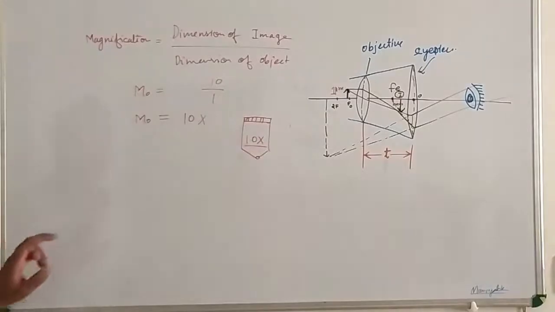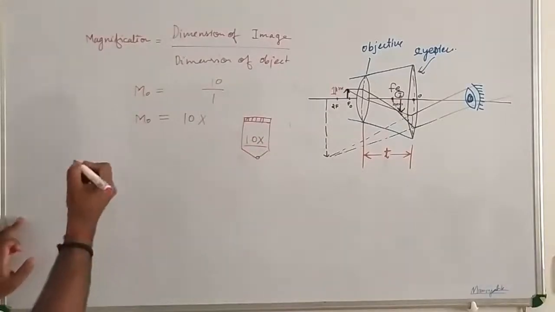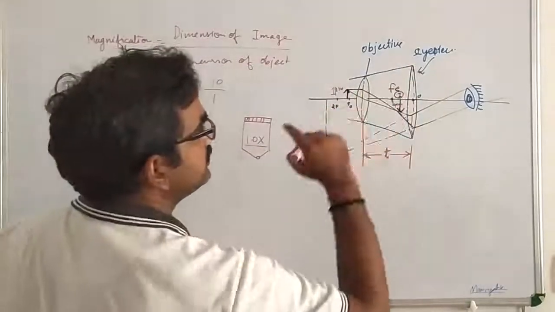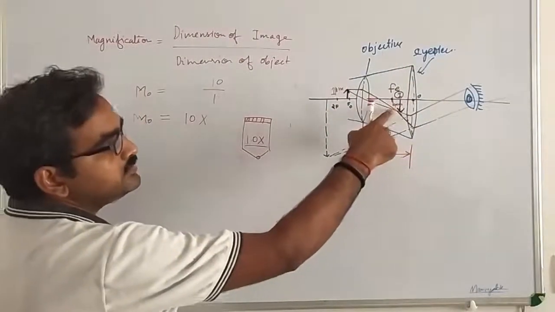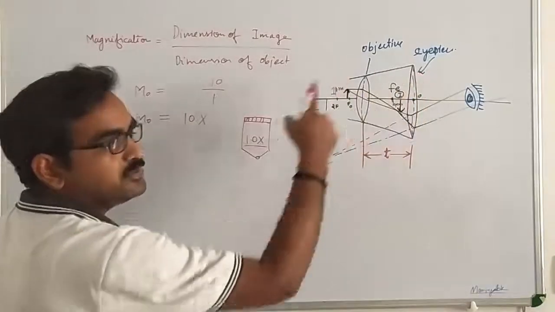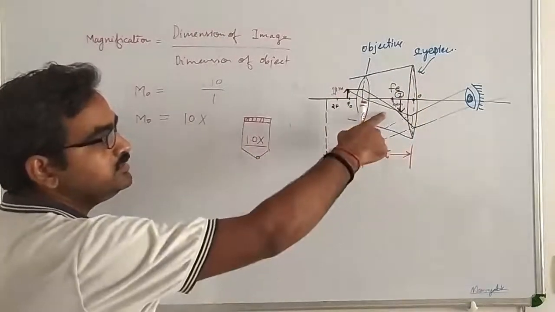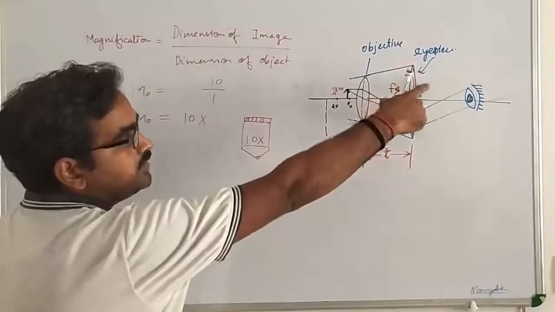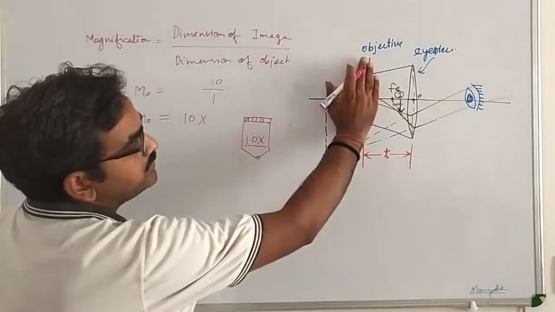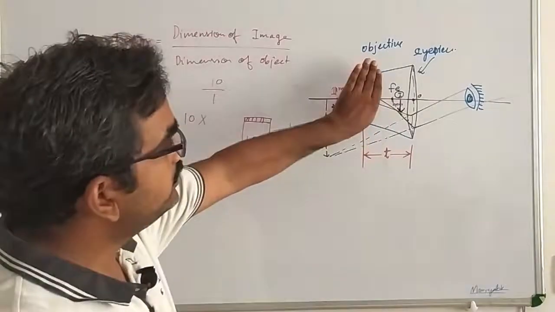Now if I have another lens, the eyepiece, this image acts as the object for the eyepiece. So forget about the objective lens.